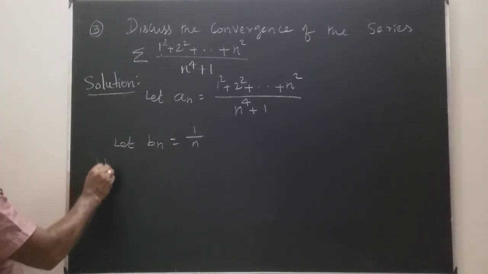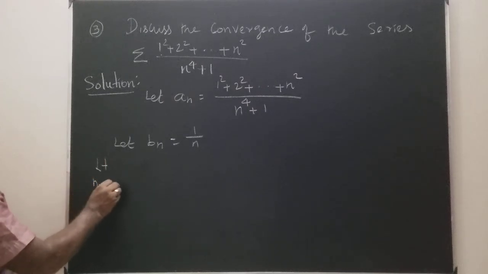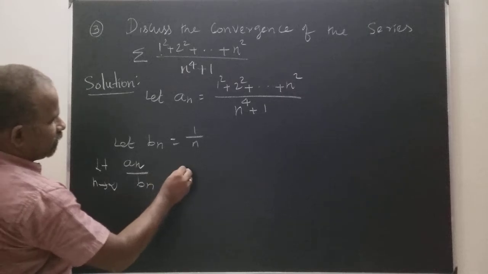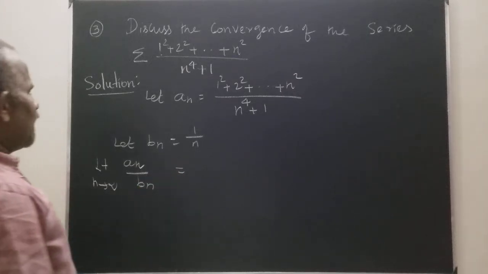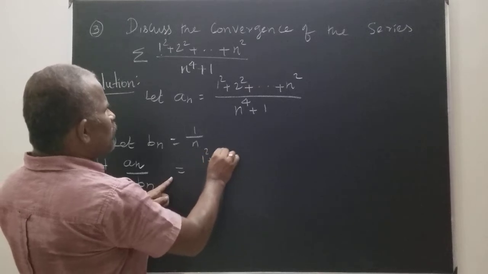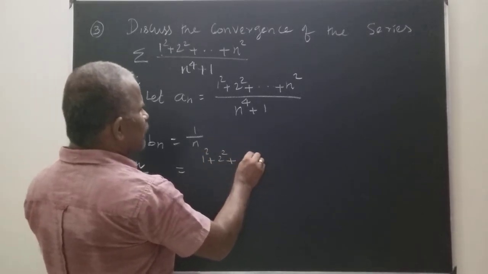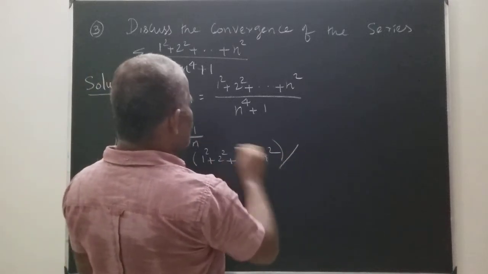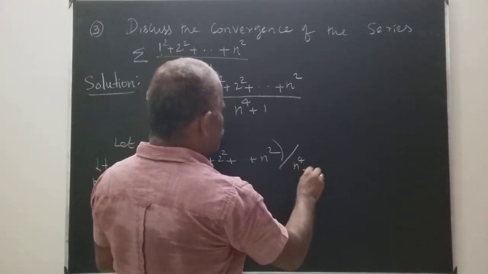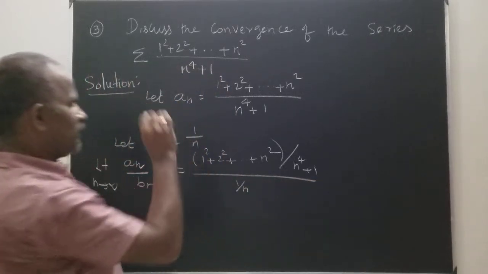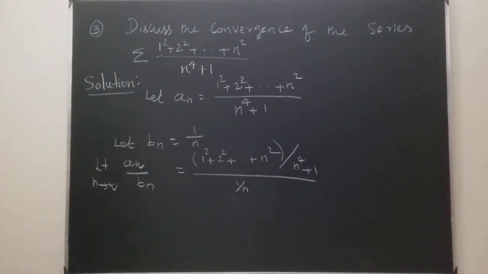So now I am going to find the limit as n tends to infinity of an divided by bn, which is equal to, what is an? An is equal to (1 square plus 2 square plus etc. plus n square) divided by (n power 4 plus 1). What is bn? Bn is 1 by n.